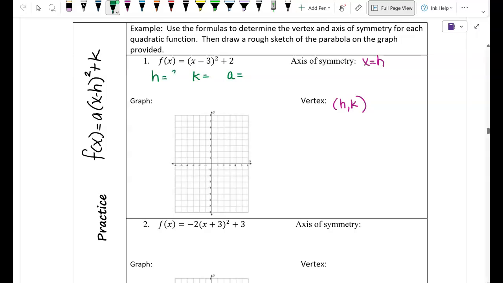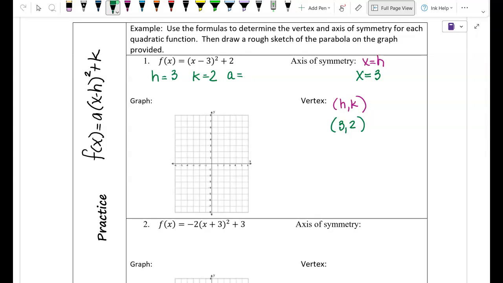It's minus 3, so I know h is positive 3. That means I already know my axis of symmetry is x equals 3, because whatever h is, that is my axis of symmetry. What is the value of k? 2. So my vertex then is going to be the ordered pair 3, 2.